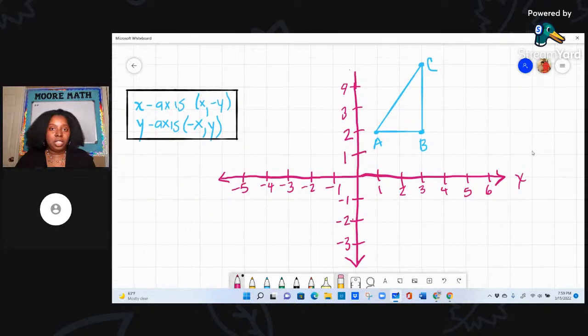I'm going to pull it down just a little bit so we can get that 5 in there. Okay, there we go. And you tell me when you're ready, okay?